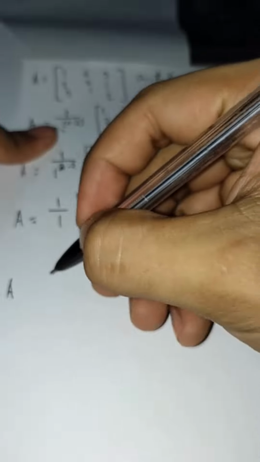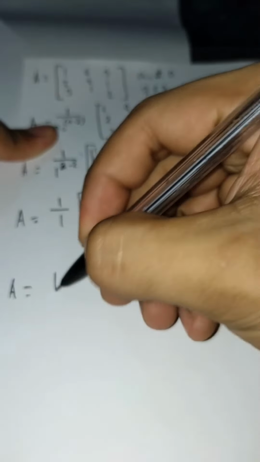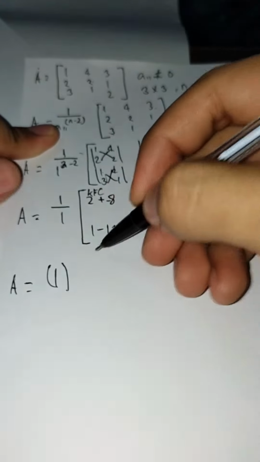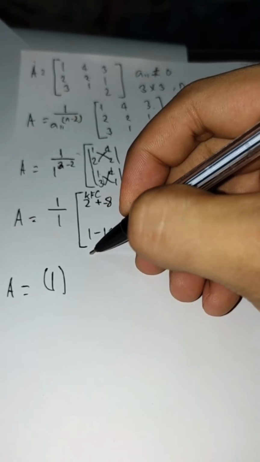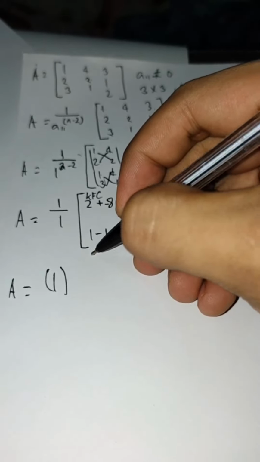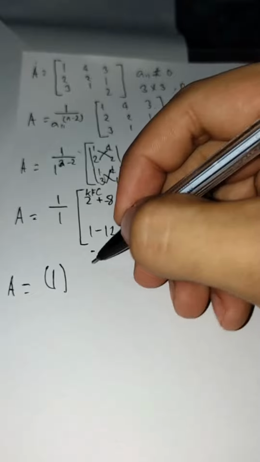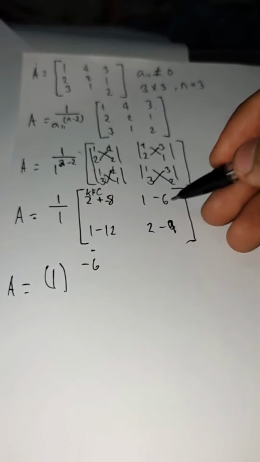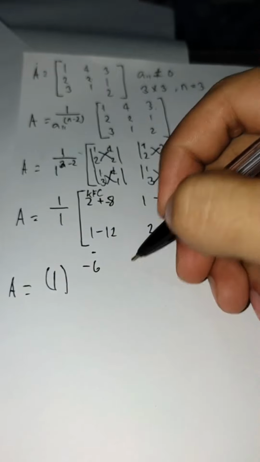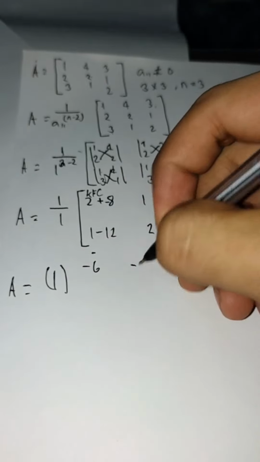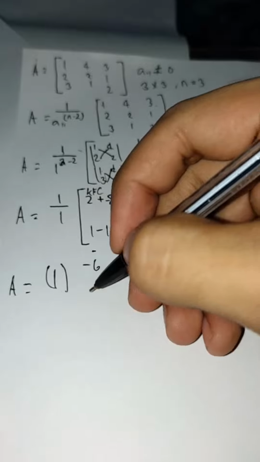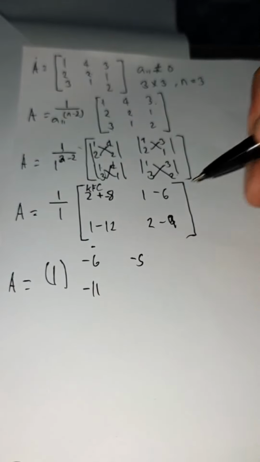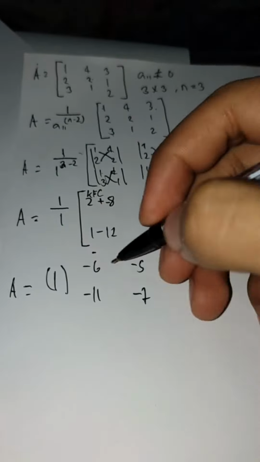Ganun lang, parang kanina lang. Then A equals to 1. And then 2 minus 8, which is negative 6. 1 minus 6 equals negative 5. 1 minus 12 is negative 11. 2 minus 9 is negative 7.